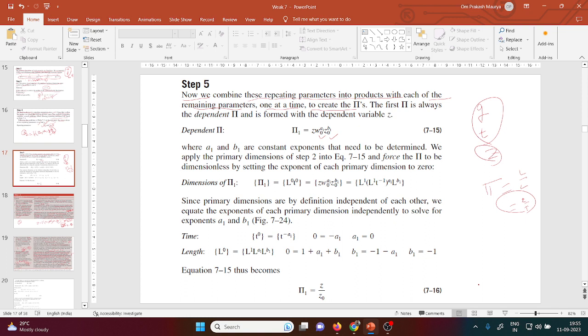The first pi is always the dependent pi and is formed with the dependent variable. So these three you have as remaining parameters. The first one is with the dependent, that is Z. Z is written here, and W naught and Z naught are the repeating. So what you will do?